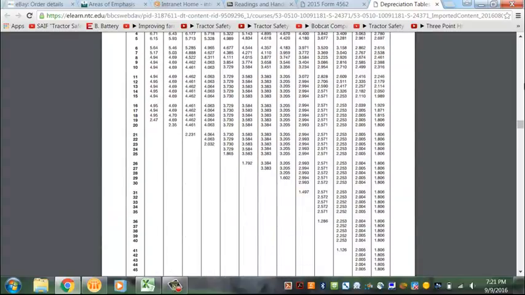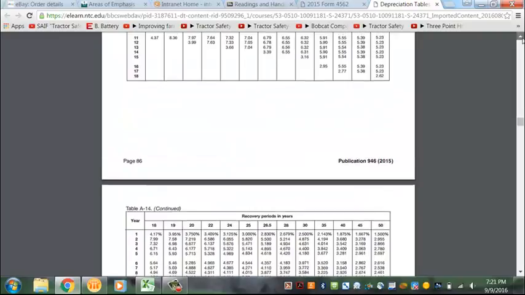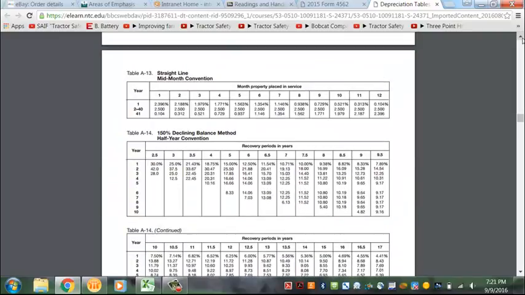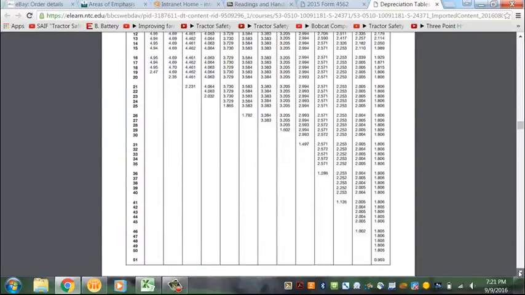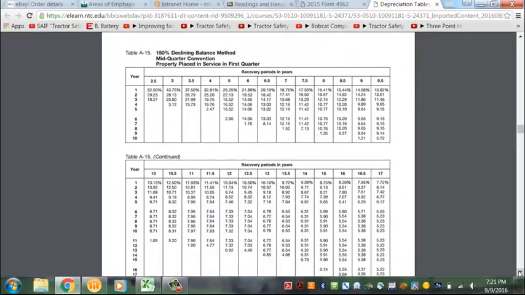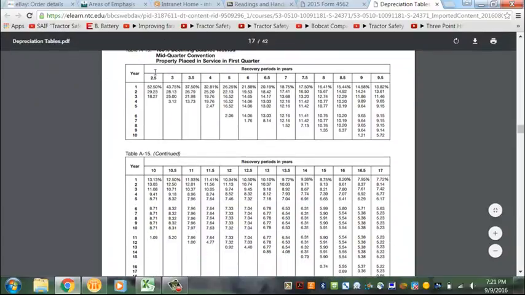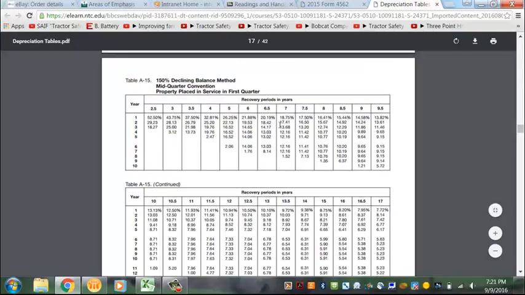So if we looked up, sorry for scrolling back and forth here, the first one here says half-year convention. We don't want half-year convention because we know that this is in mid-quarter convention. So we need to scroll down to find 150 declining balance method, mid-quarter convention.